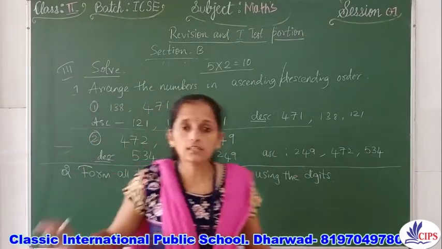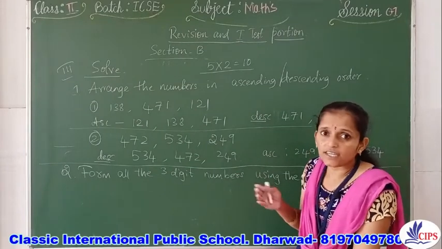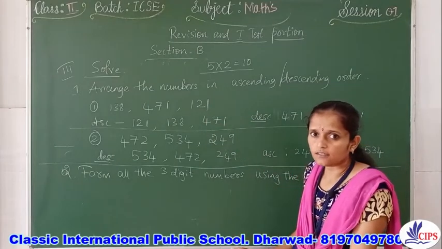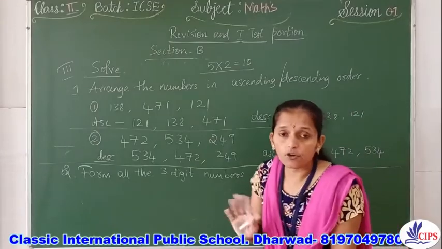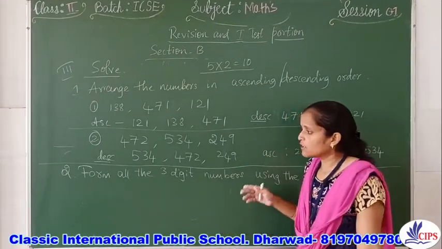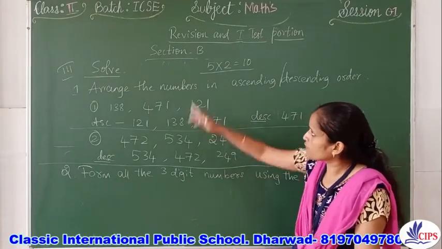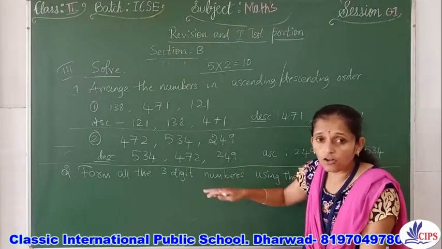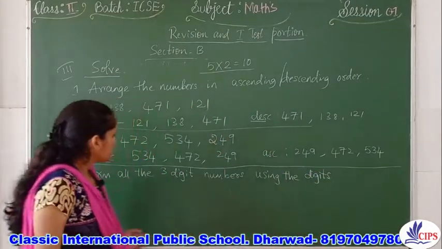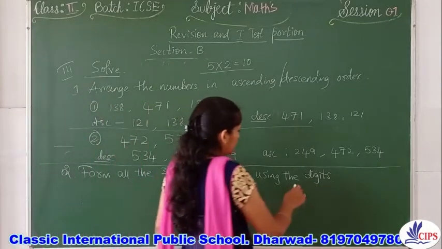After completion of this pattern, you can make a note on one side, you can just roughly note it, and you can practice. Separately I am not writing the pattern here. Along with the pattern writing and revision, I am doing both things. So after completion of my revision and the pattern, only this headings part is there: first question, second question. This you write on one side and make a note of it. Now, form all the 3-digit numbers using the given digits.